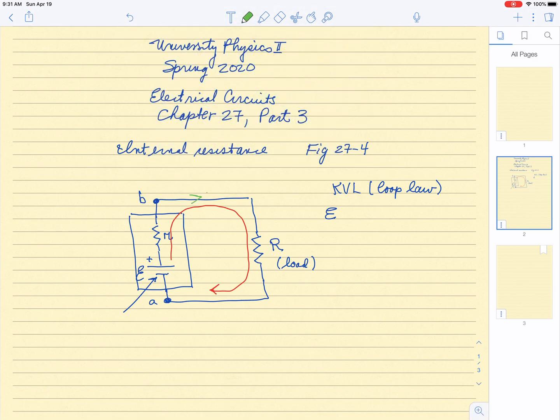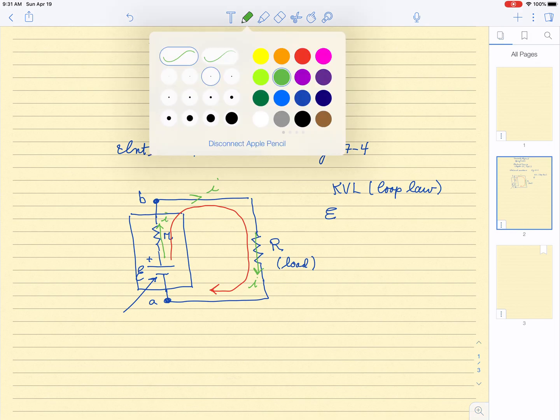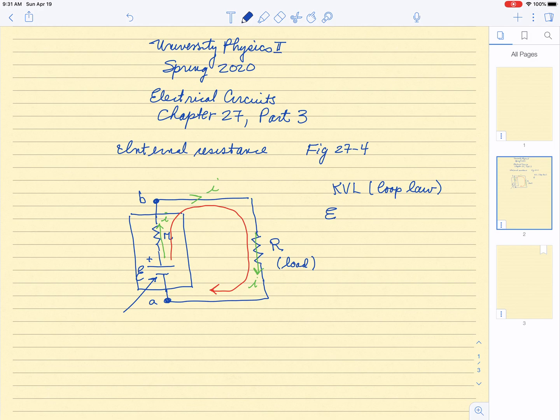There's going to be a current I through this circuit.